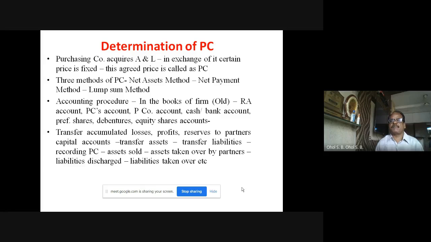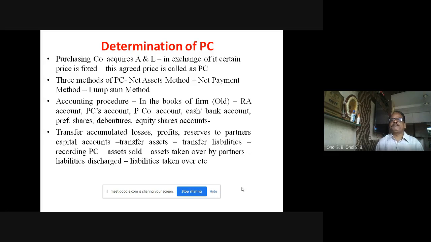On the credit side, we record by partners capital, in brackets asset taken over, and the simultaneous effect is shown on the partners capital account debit side.